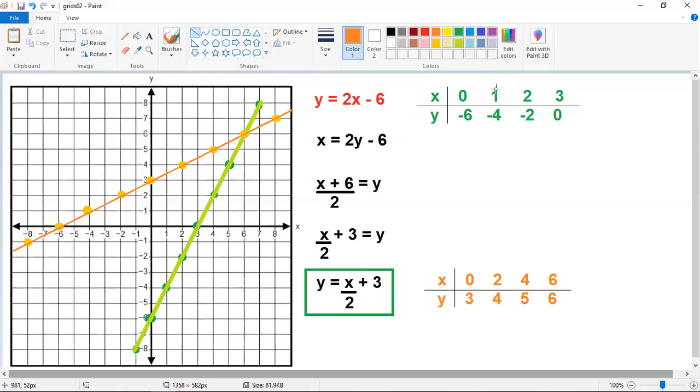Let's try this one. 1, negative 4. The inverse of this is when x is negative 4, y is 1. Let's check. When x is negative 4, y is 1. So the two graphs are correct. The two functions are correct as the inverse of the other.